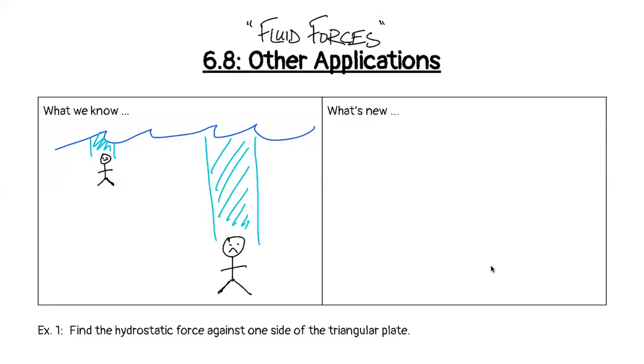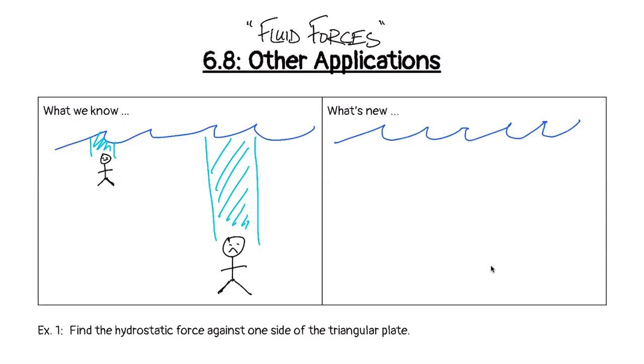We're going to take this sort of phenomena of fluid force increasing as we go down below the surface. And we're going to think about it now in terms of not people, but objects, okay? So let's say that you have some fluid. It might be water, it might be oil, it might be a lot of things, but some sort of fluid.